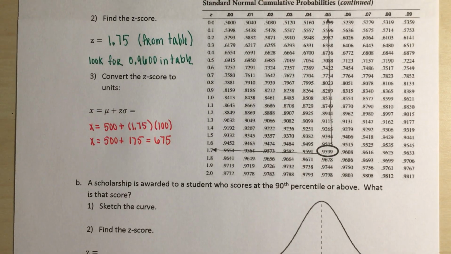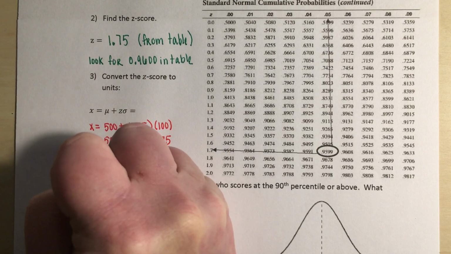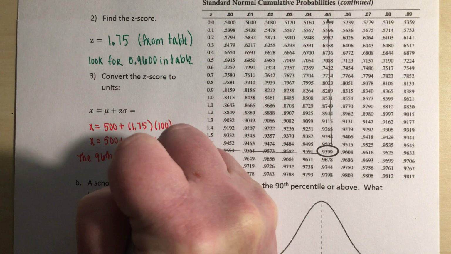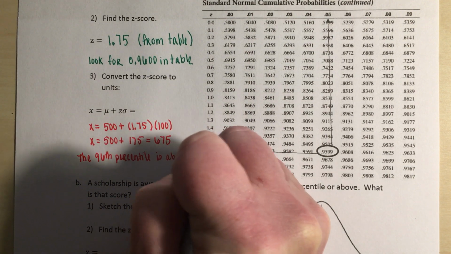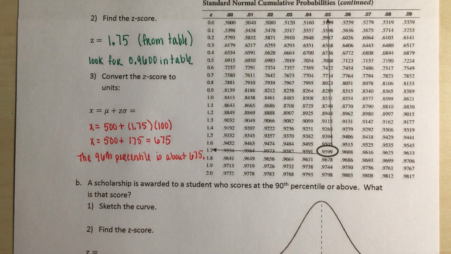Feel free to plug it into your calculator all at once. So the 96th percentile is about 675. That's our score for the 96th percentile.